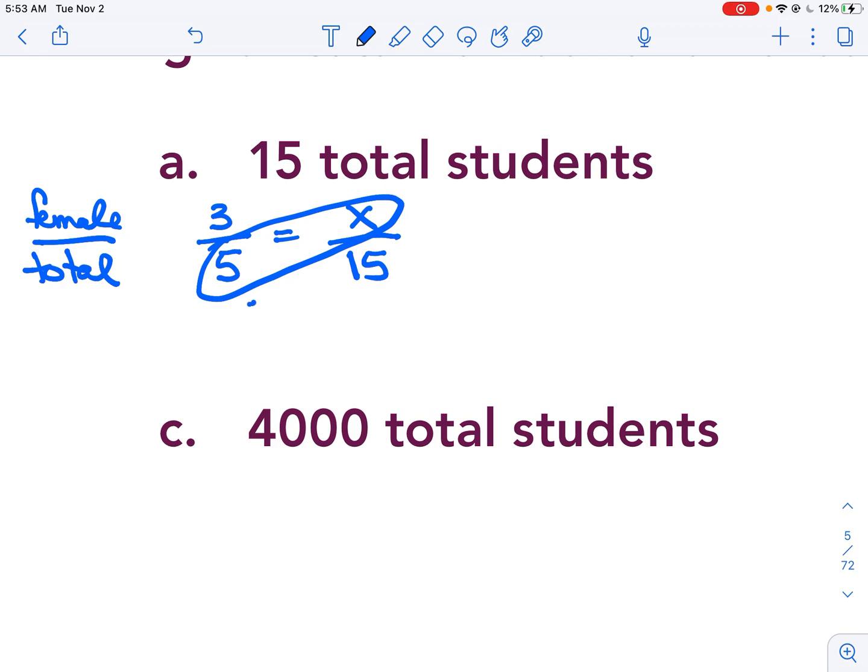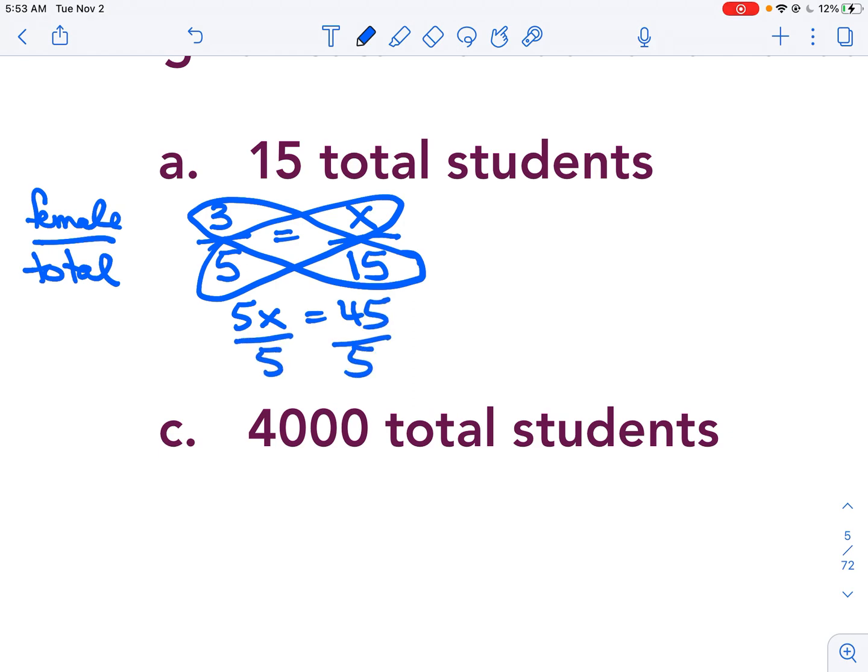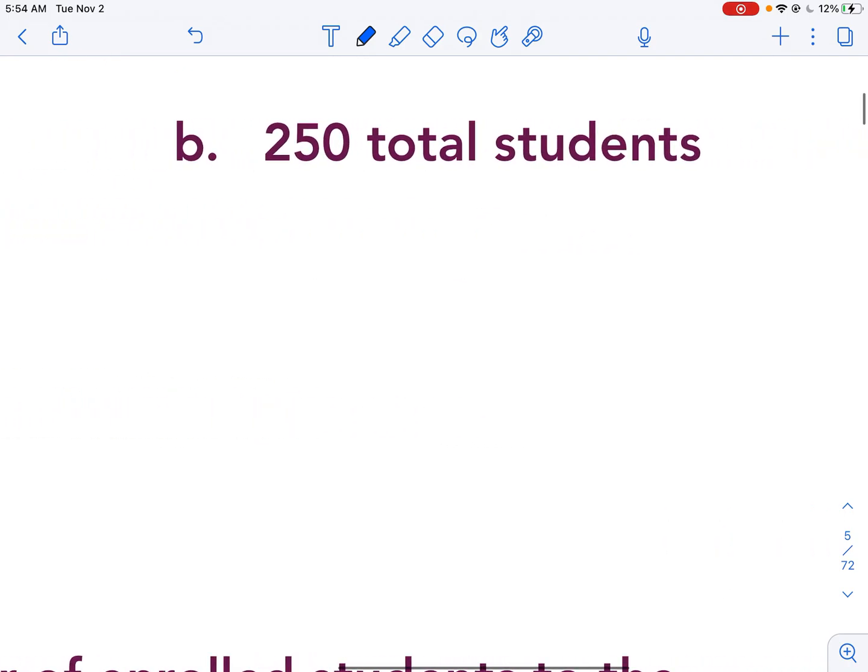So this gets me 5x equals, this gets me 45. I divide by 5 and I find out when there are 15 total students, there are 9 females. Okay?